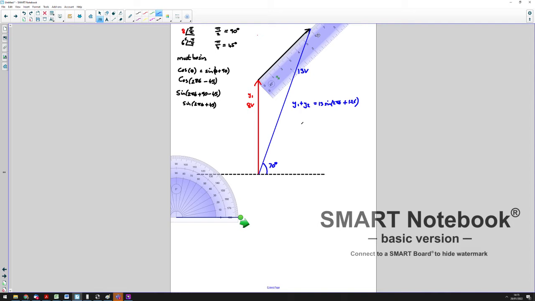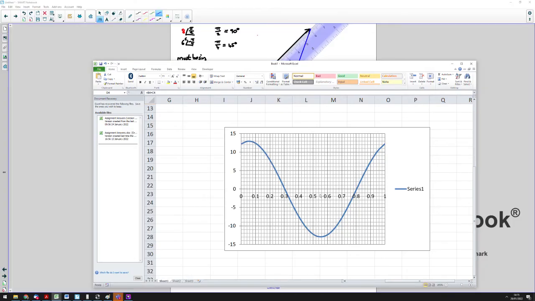But this method is used to go, in essence, is my amplitude 13? Is my angle about 70 degrees? When you come into your Excel graph, you go, yes, my amplitude's about 13, 12.95 I reckon.